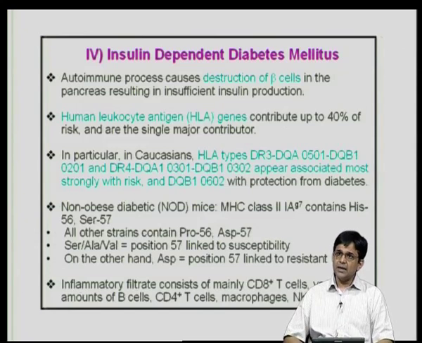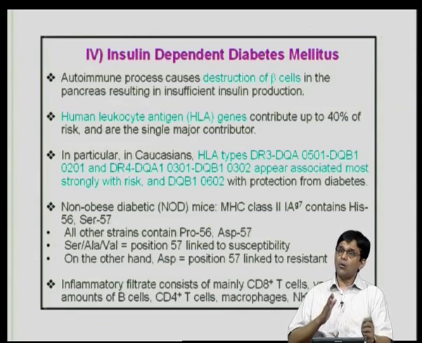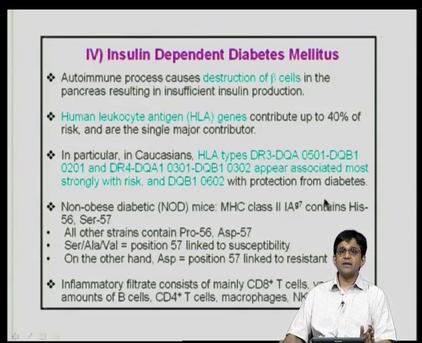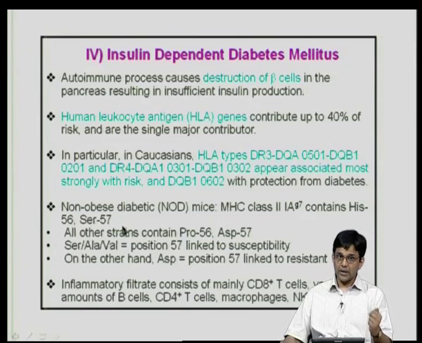What is interesting is that in mice, you have these mice known as non-obese diabetic mice, or NOD mice. Now, NOD mice have a very interesting MHC class 2, and the haplotype is G7. Here the MHC class 2 molecule contains histidine at 56 and serine at 57. What has been seen is that all of the strains which are not as susceptible contain an aspartate at 57 instead of a serine.